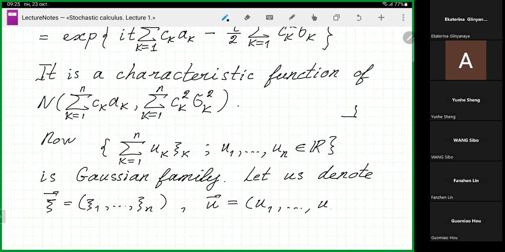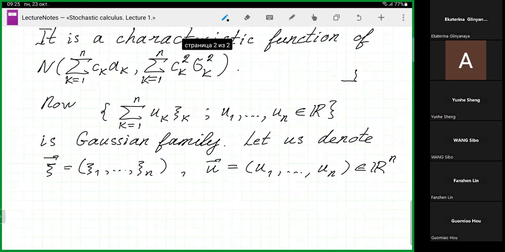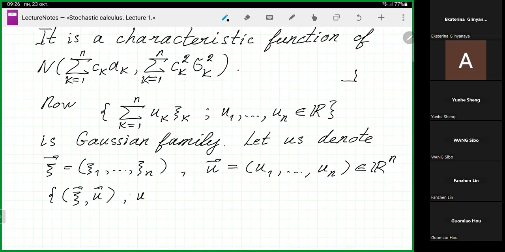They will be vectors from Rn. I suppose that Rn is equipped with the usual scalar product. So our family looks like this: a family of products psi u, where u belongs to Rn.